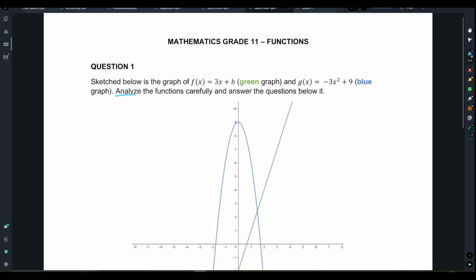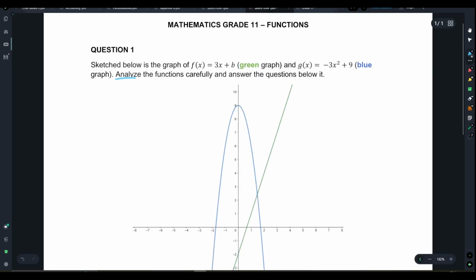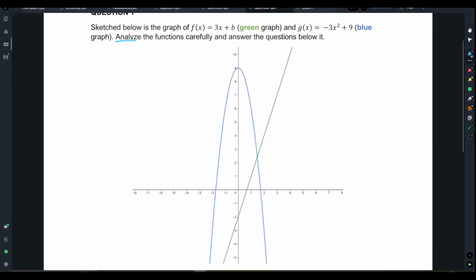Okay, so analyze the functions carefully and answer the questions below it. When you analyze the functions, I want you to remember two things.